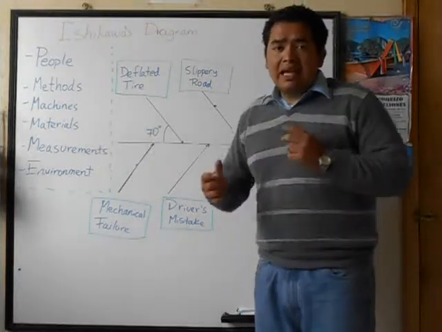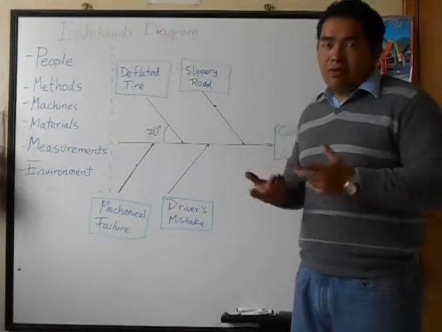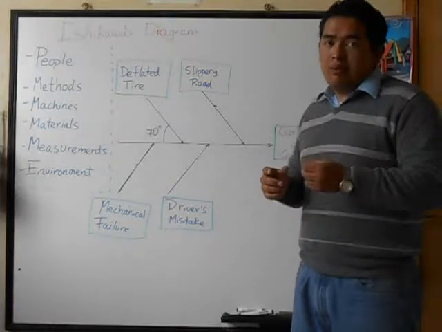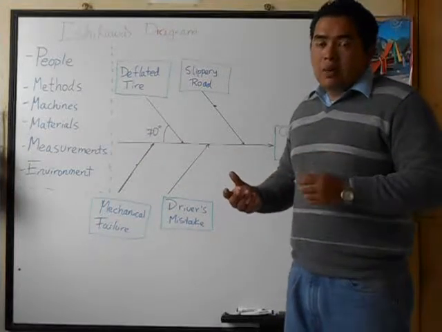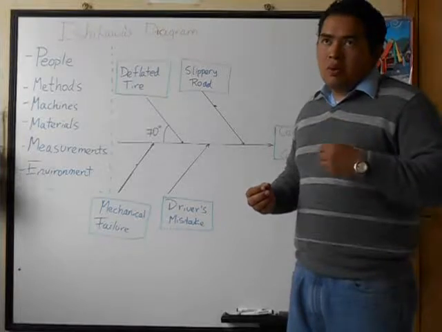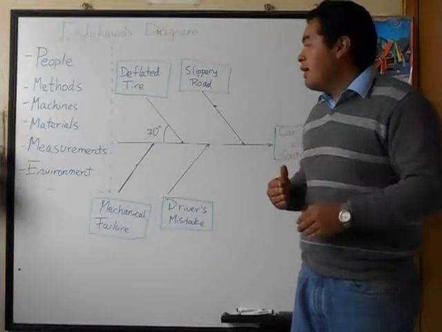The measurements can produce error because we always use data for retrieving and improving our process. And if we can't measure correctly, we can't improve our line, our process, our final product.